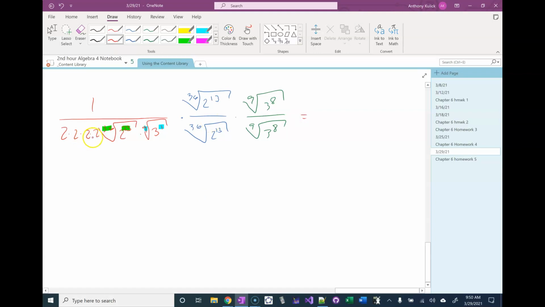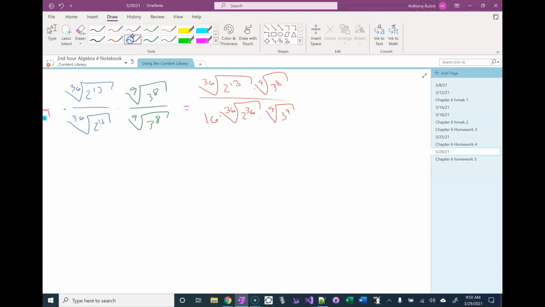So 2 times 2 times 2 times 2 is 16. And then I have the 36th root of 2 to the 36, and then a 9th root of 3 to the 9th, and then all this stuff in the numerator.